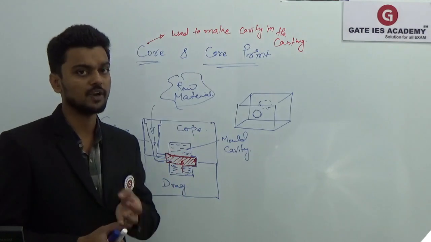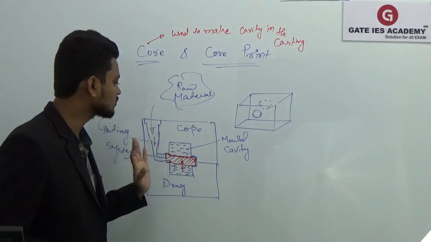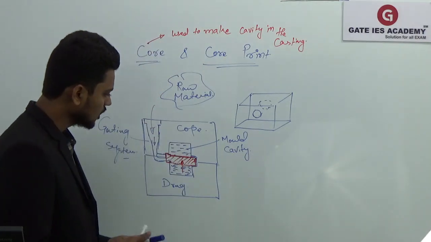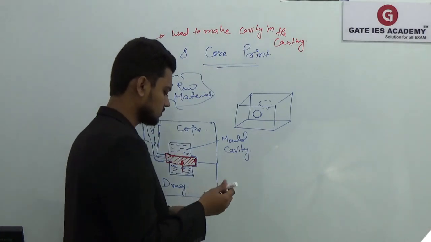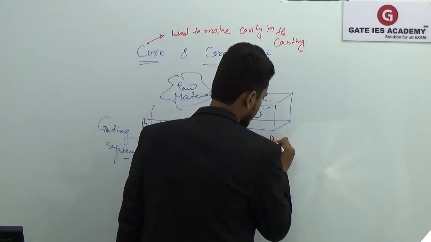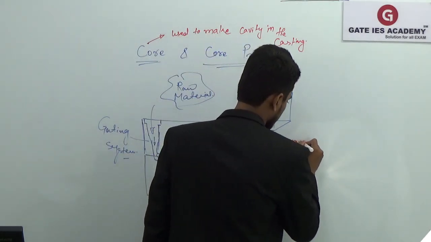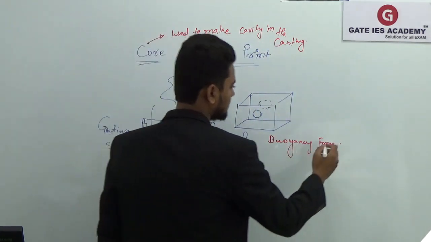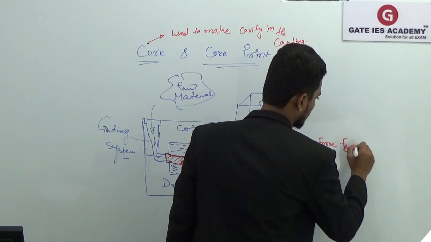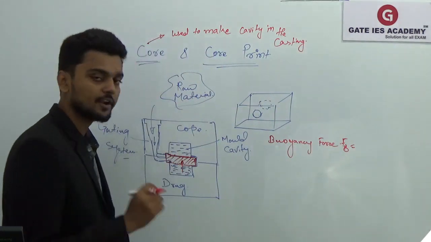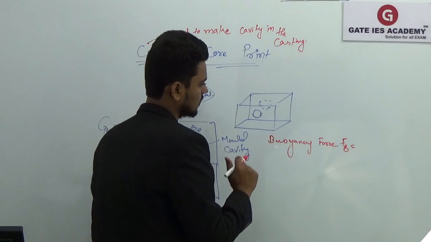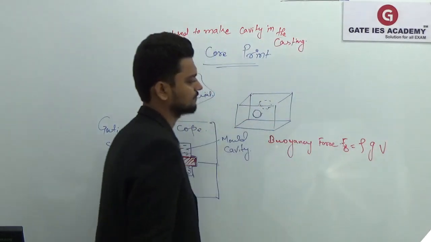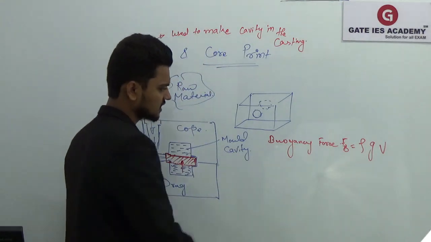So here we have this core. The weight of the liquid displaced by this core is your buoyancy force. So the buoyancy force F_B will be equal to the weight of the liquid displaced by the core, which will be rho g V. Now what is this rho?